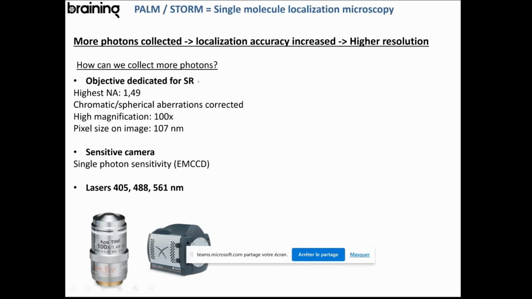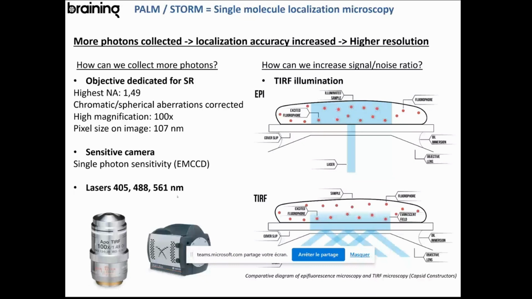We also use an EMCCD, so it's the same principle. That's what you see here. The camera is very sensitive and cooled, at -60 degrees, so you can have lower background. And this time we need lasers to turn on and off our single molecules. We cannot use the lamp that we use for the fluorescence image.